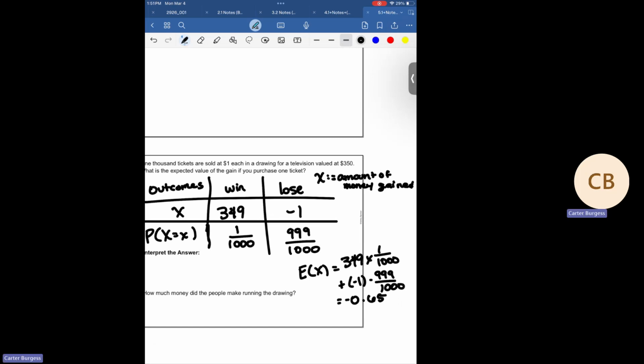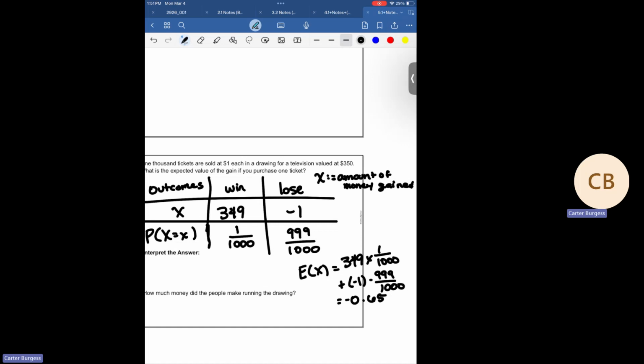No. But this gives you insight into, if you were to buy a whole bunch of tickets, how much you would expect to lose on each ticket. So for instance, if we were to continue purchasing until we won, then it might tell us how much we would expect on average to lose per ticket that we are purchasing.